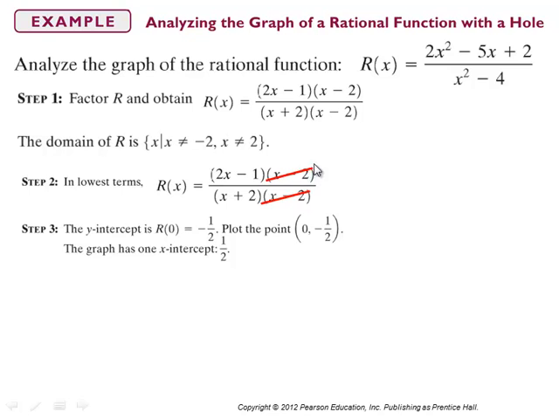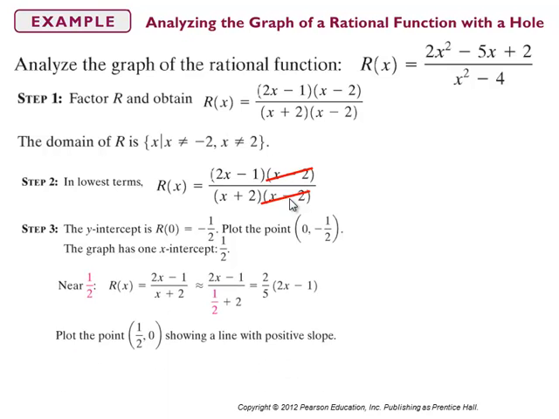And the graph of r of x is going to look just like the graph of (2x minus 1) over (x plus 2) after you cancel the common factor of x minus 2.